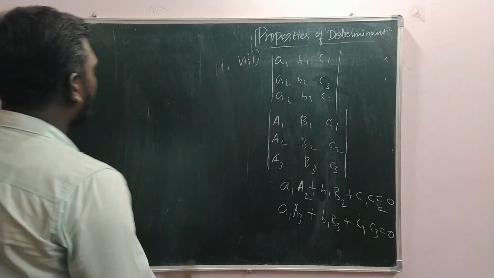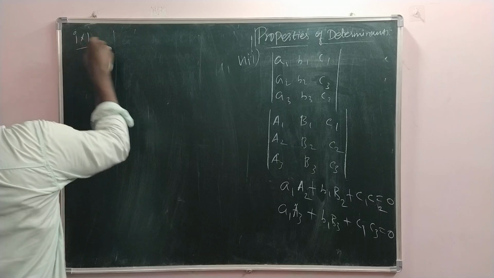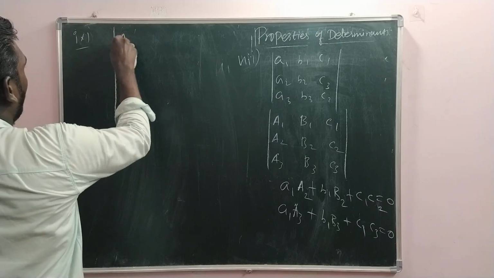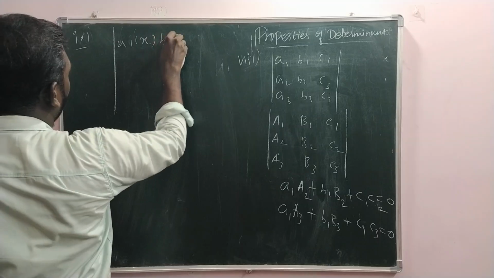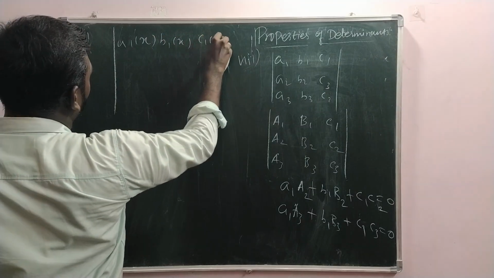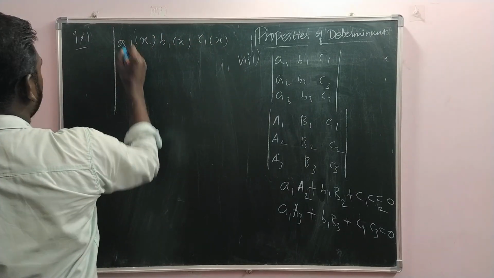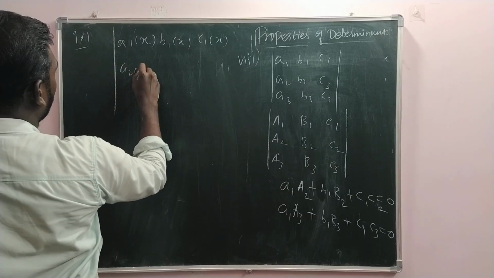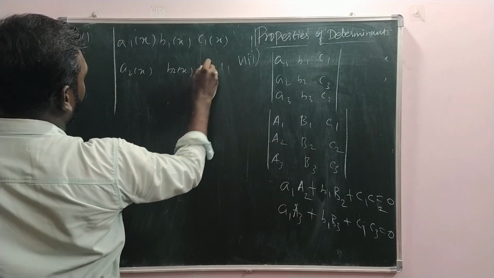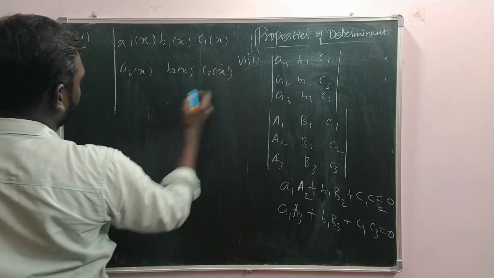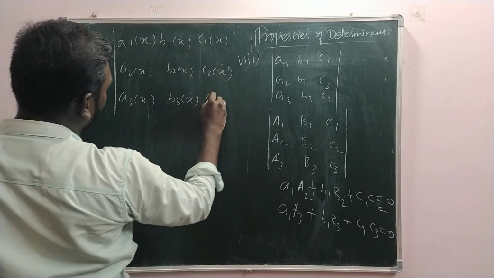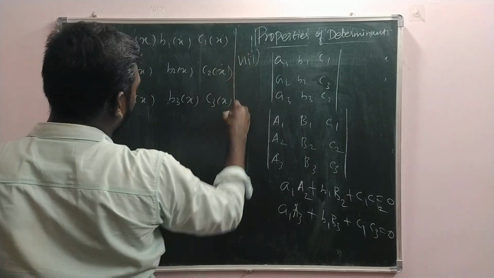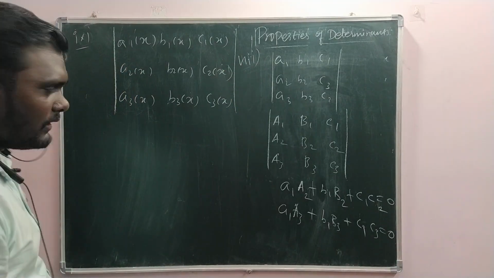So simple, we get a matrix in which all entries are polynomials: A1 of X, B1 of X, C1 of X, A2 of X, B2 of X, C2 of X, A3 of X, B3 of X, C3 of X.